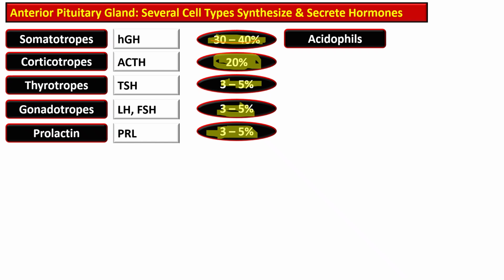The somatotrophs are also termed acidophils because they stain strongly with acid dye. So pituitary glands that secrete large amounts of growth hormone are often termed acidophilic tumors.